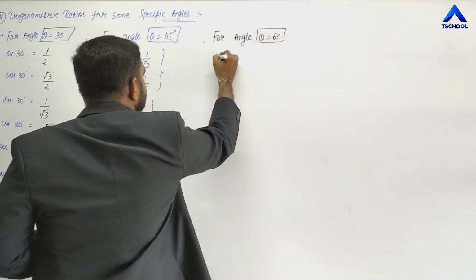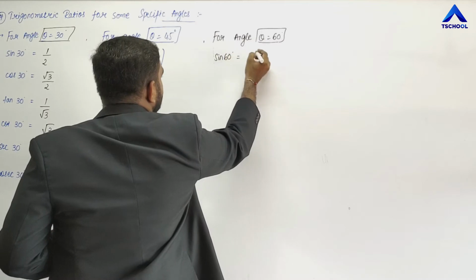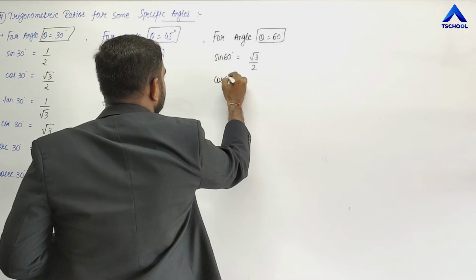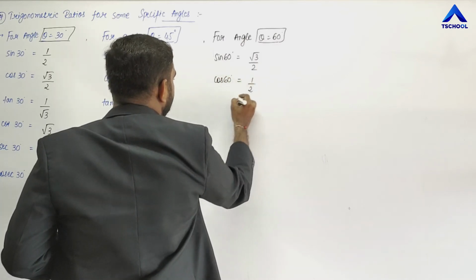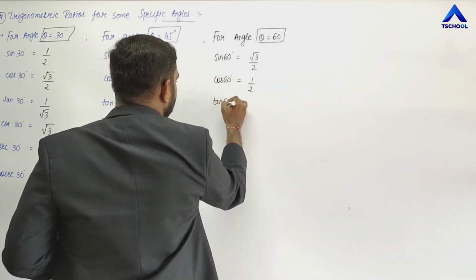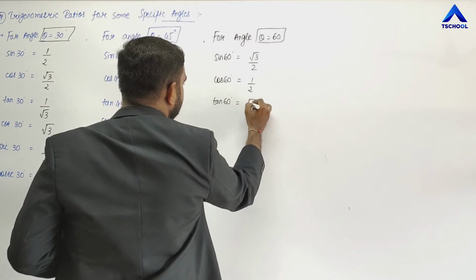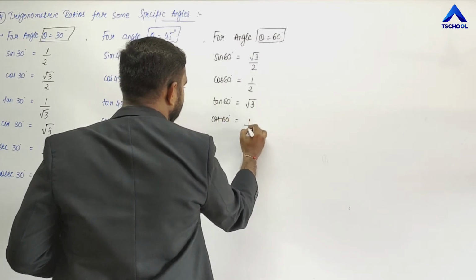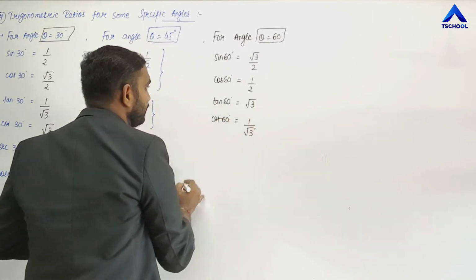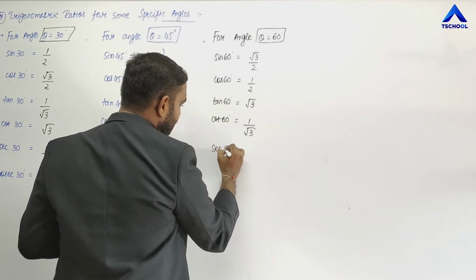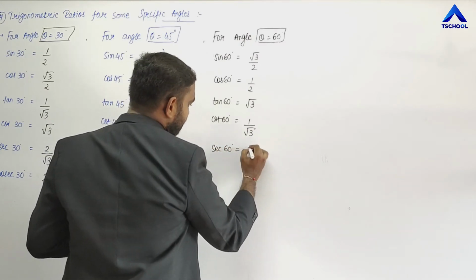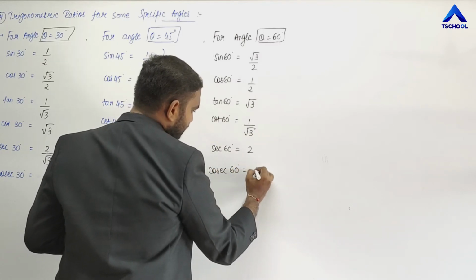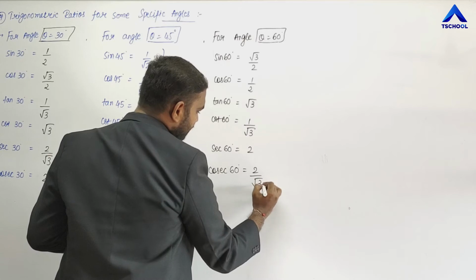So sin 60 is equals to √3/2, cos 60 is equals to 1/2, tan 60 is equals to √3, cot 60 is equals to 1/√3, sec 60 is equals to 2, and cosec 60 is equals to 2/√3.